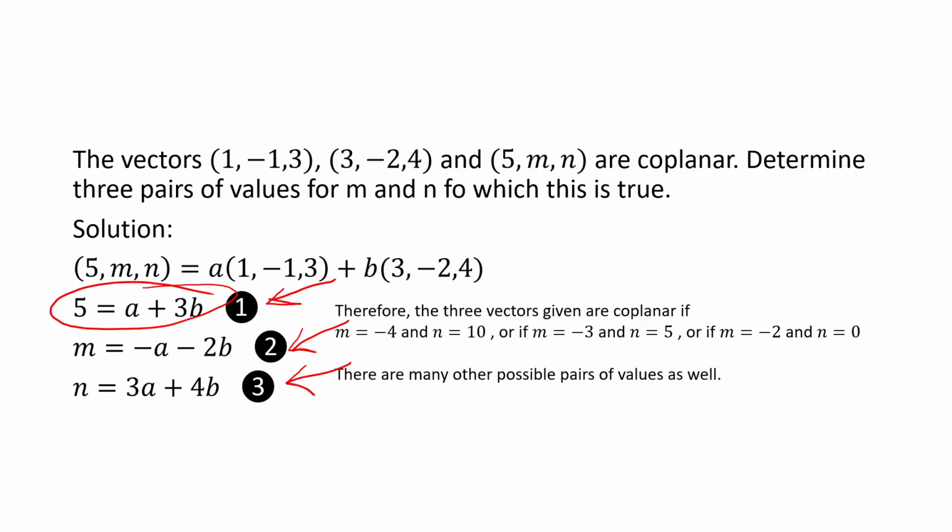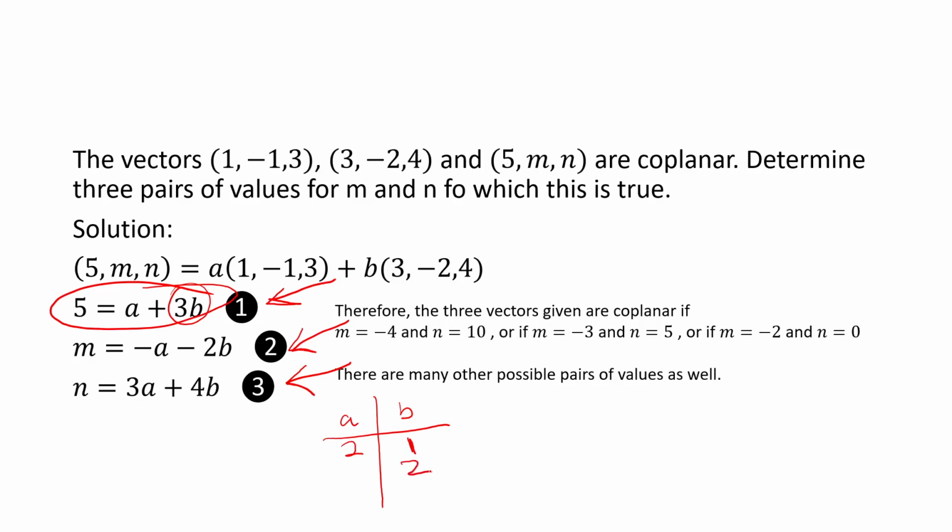Looking at equation 1, we can simply make a little table of values. If I let b equal 1, then 5 will equal a plus 3 times 1, which would mean a will have to equal 2.